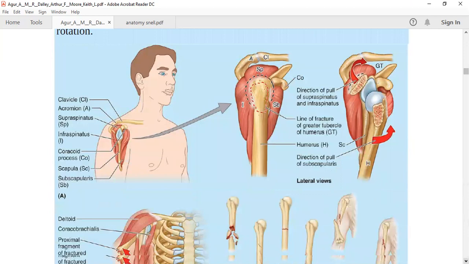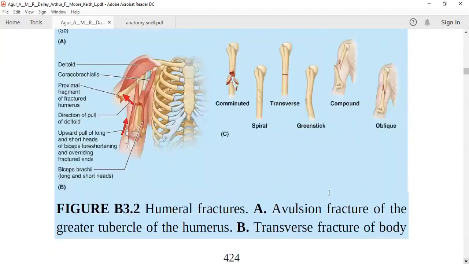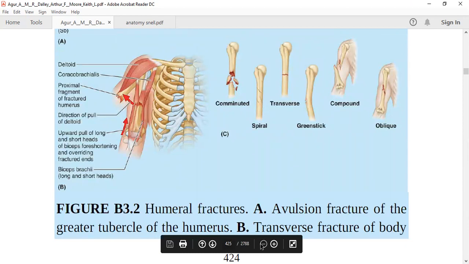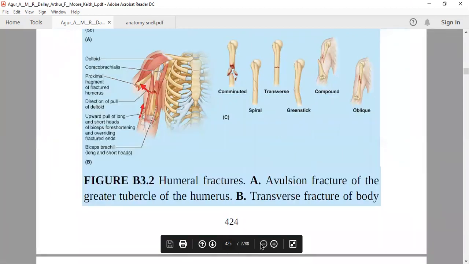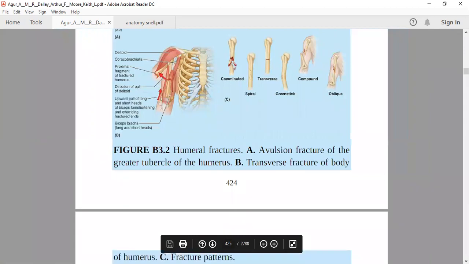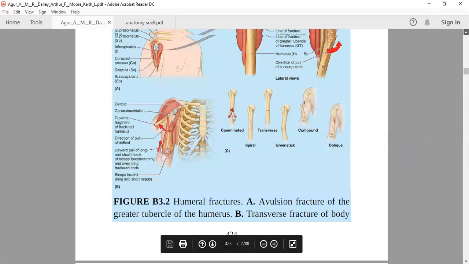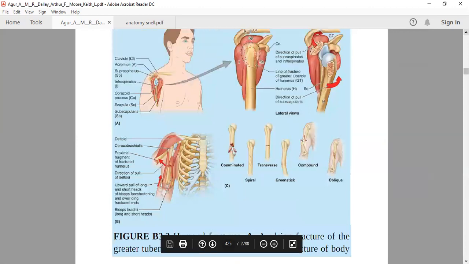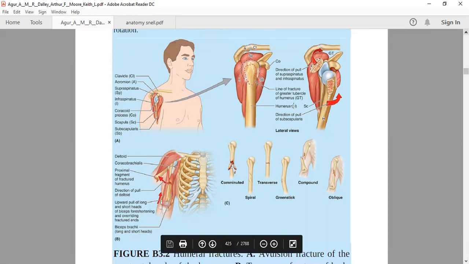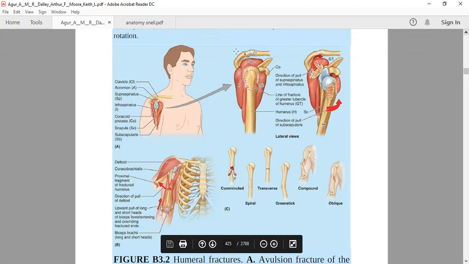You can see here the picture of humeral fracture. Number A, avulsion fracture of the greater tubercle of humerus. You can see normal clavicle, acromion, supraspinatus, infraspinatus, coracoid, scapula, subscapularis.